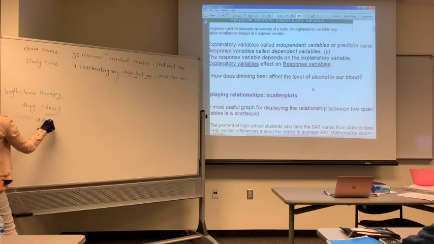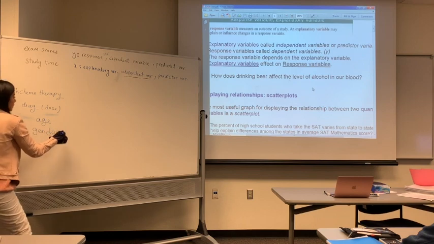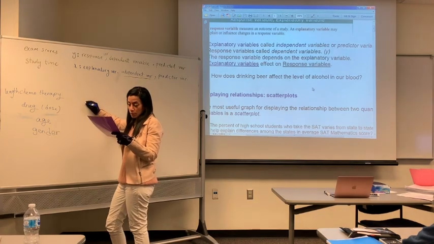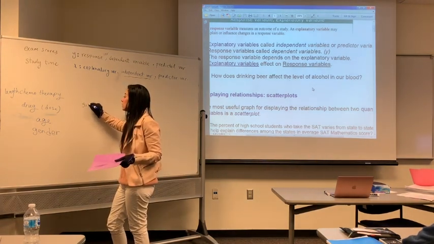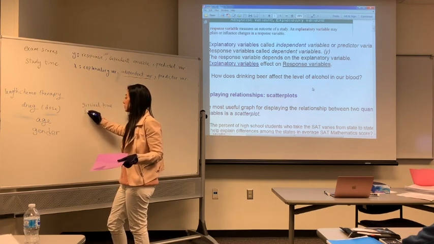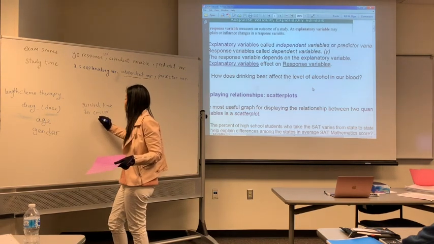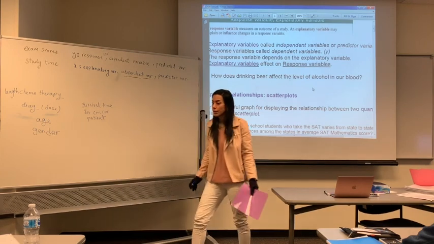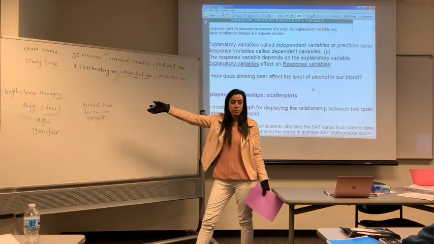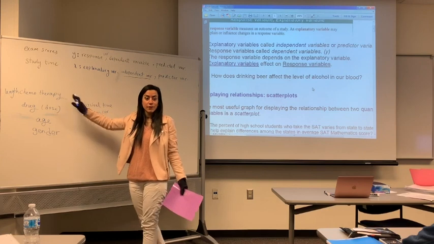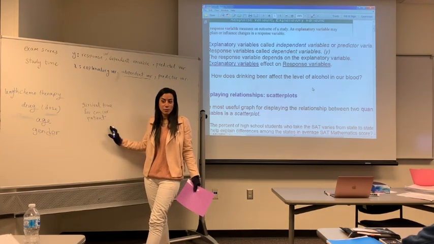Then age, gender, all of these are variables. And then there is the other variable here: survival time for cancer patient. Okay, so there are some variables, and I can say these variables have an effect on survival time, right?